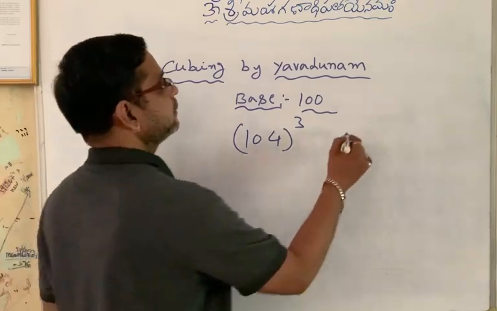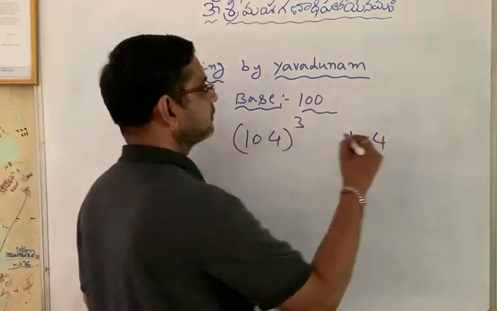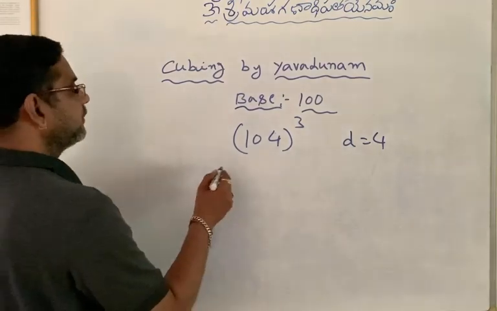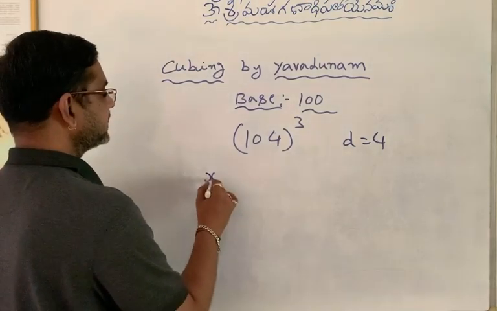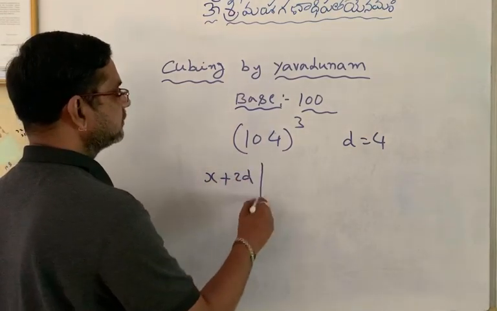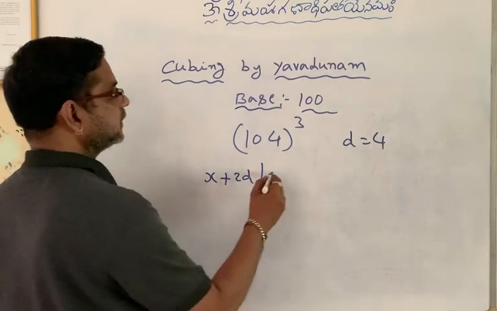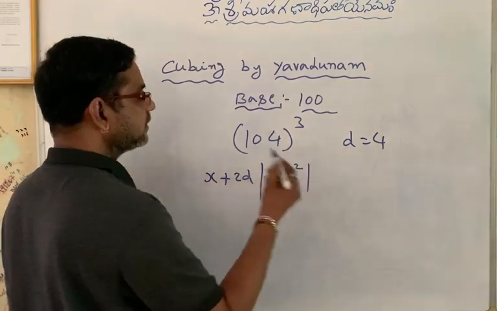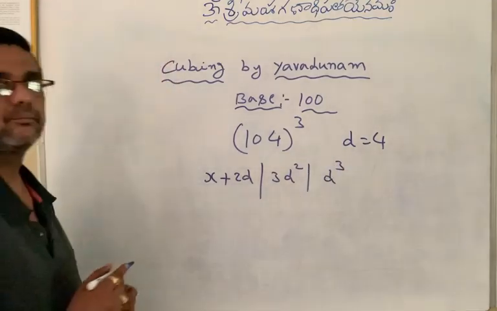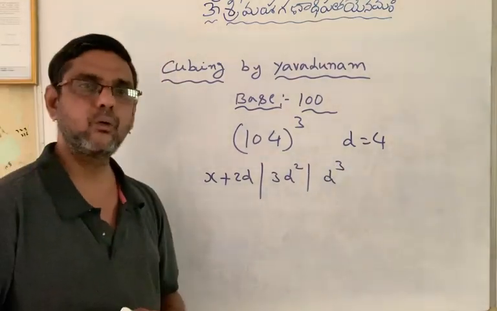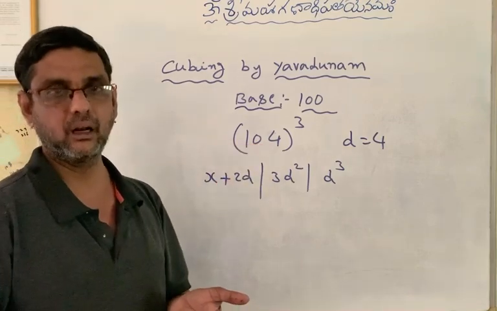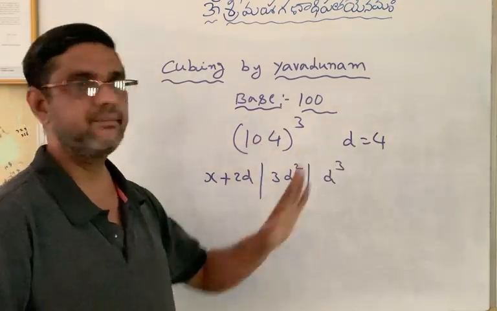As I said in the earlier video, if we consider the given number as x, then step 1 is x plus twice the deviation, step 2 is 3 times the deviation square, and step 3 is deviation cube. Here 104 is 4 more than 100, so 4 will be the deviation.